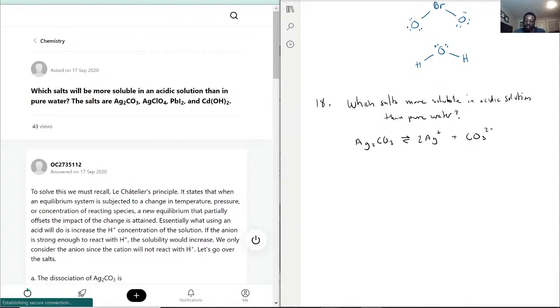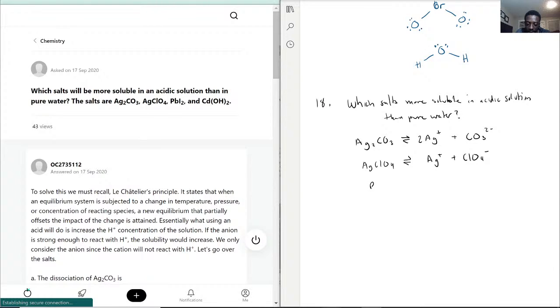Same thing with AgClO4. Let's see, where is it? I'm really blanking out. Yep, there we go. Ag plus and ClO4 minus.